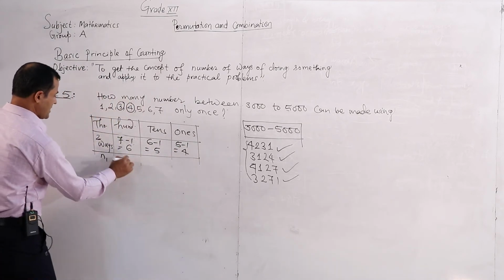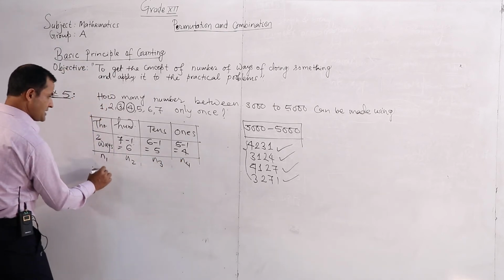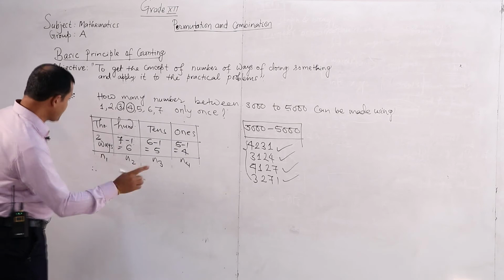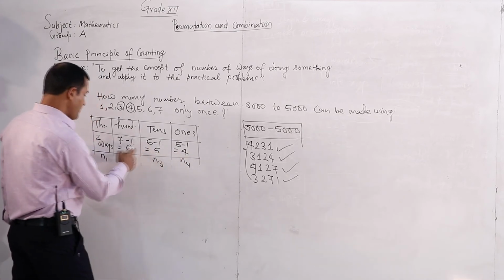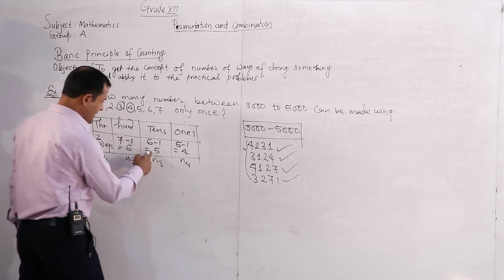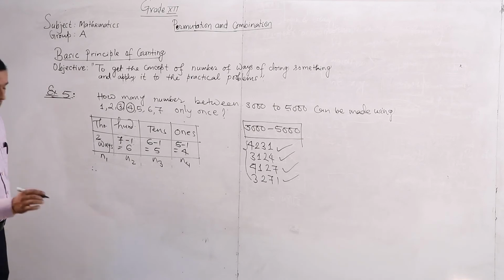So n1, n2, n3, n4. You can write this order as 6, 5, 4 or 6, 5, 4. Anyway, after fixing the thousands place, no worry, okay?